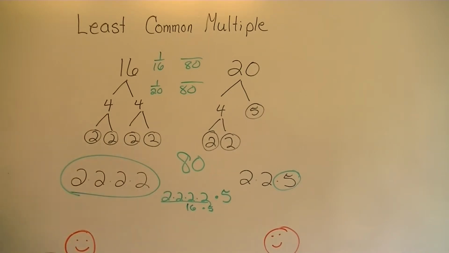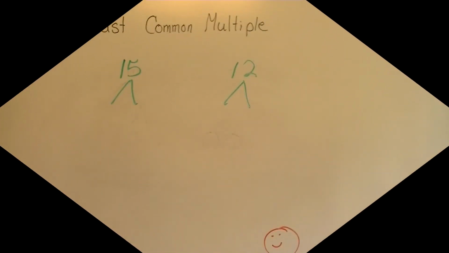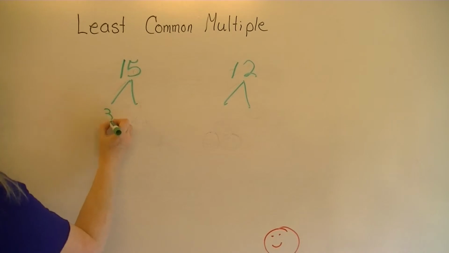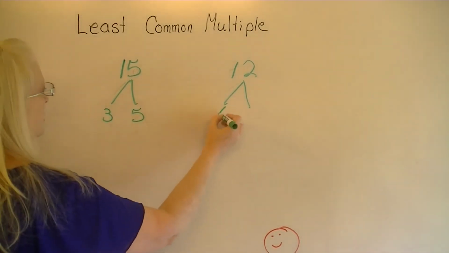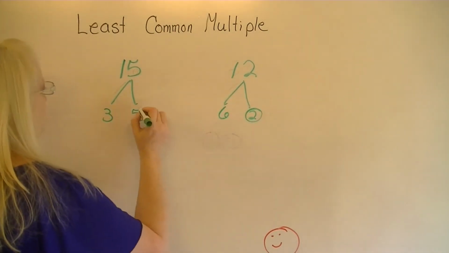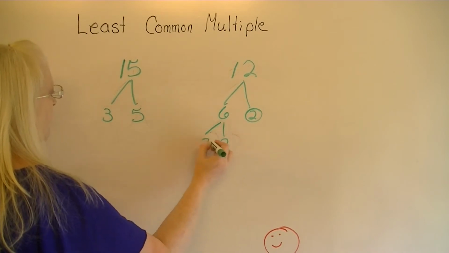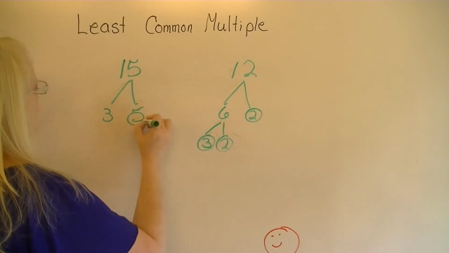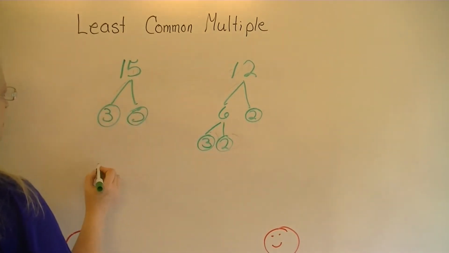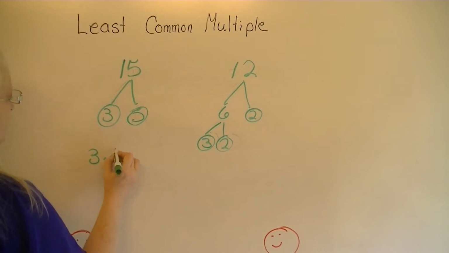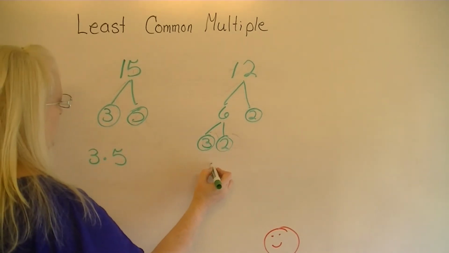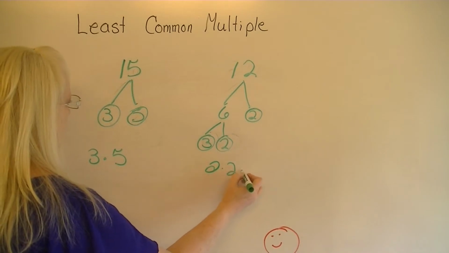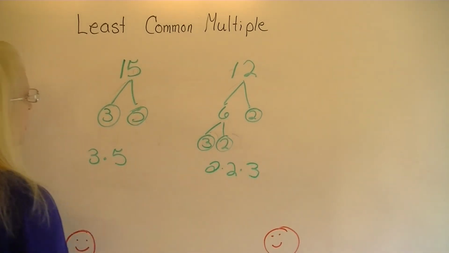All right, let's take a look at one more. 15 and 12. So we're going to factor them into their primes. So the primes for 15 are 3 and 5, and the primes for 12 in numerical order are 2 times 2 times 3.